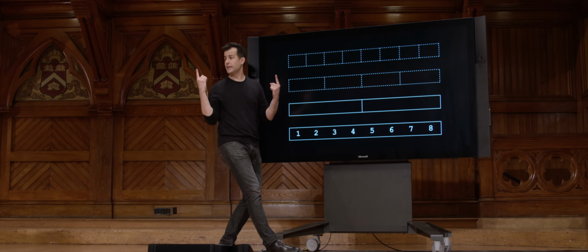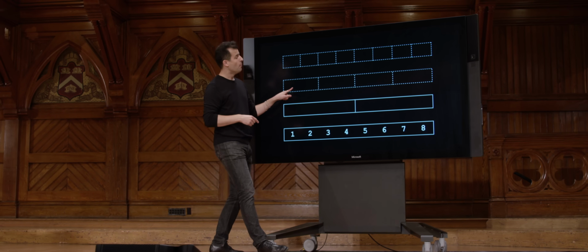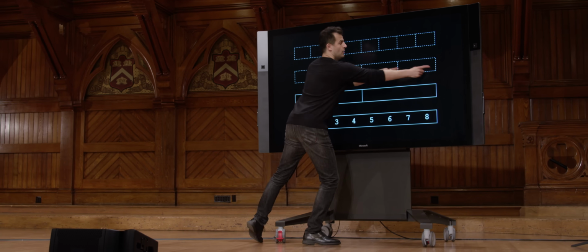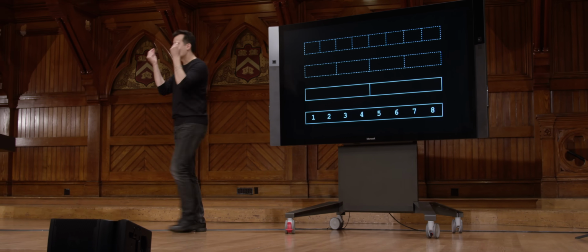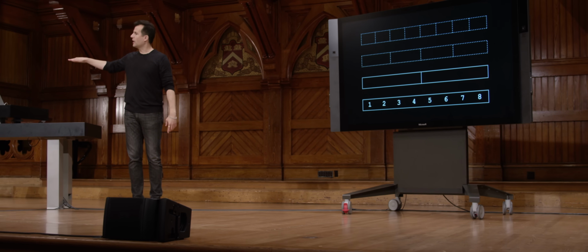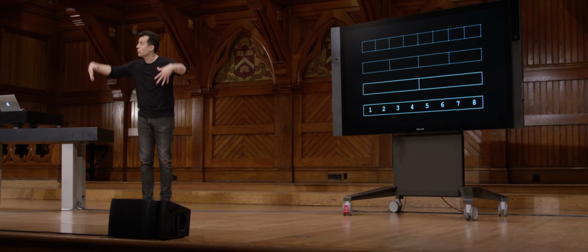I had to touch all 8 elements by walking through the list. How did I merge these 2 left halves? Well, I had to do this, and then I had to do this. So if you consider the remnants of my fingers touching the screen, every time I did a divide and conquer, I had to touch every element in order to merge them together. So I did log n things, and every time I did that, I incurred n steps of merging.